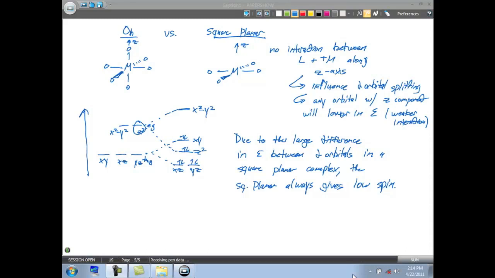We find that this happens when we put a d8 transition metal complex with something else that can cause large splitting in energy. That something else is either a strong field ligand or a 4d or a 5d transition metal. This is where we get those observations and the criteria that I gave you to identify which complex will form a tetrahedral environment and which will go with square planar.